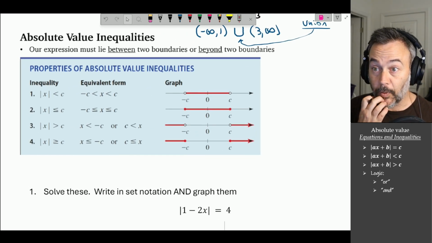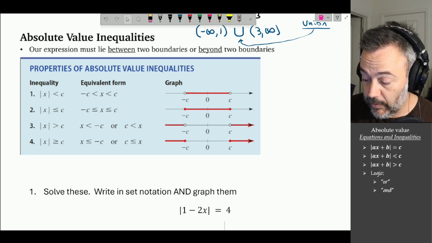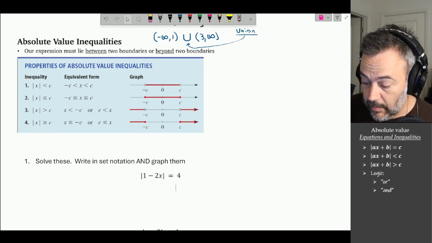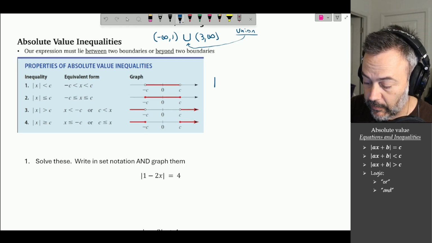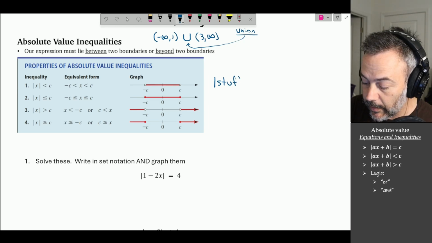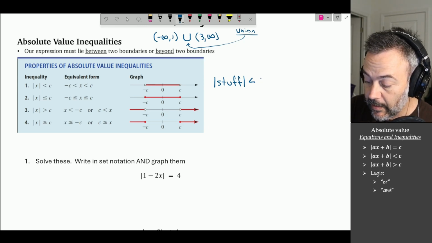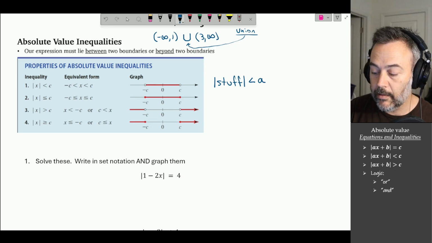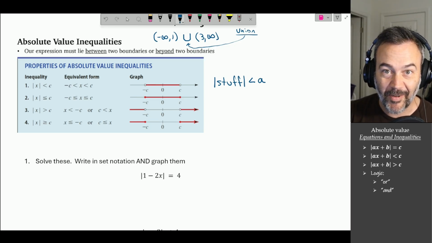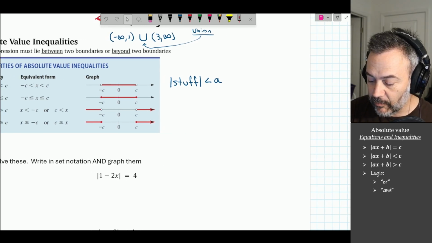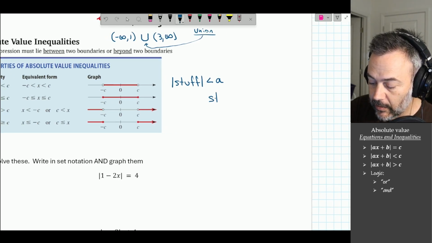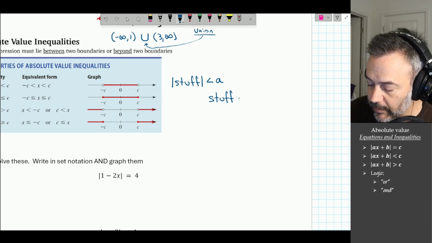We summarized that whenever you have the absolute value of some stuff in here, which can be anything in there, whenever you have the absolute value of stuff is less than a number, and a would be a positive number, then you can rewrite this in two cases. Or you can rewrite this using a compound inequality.